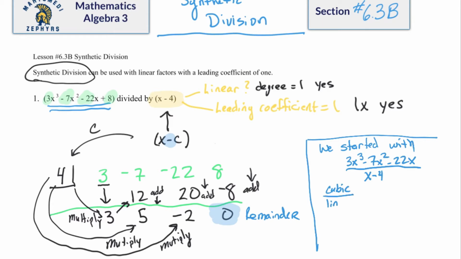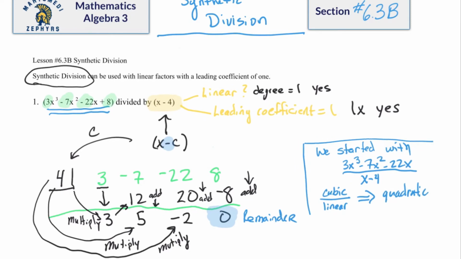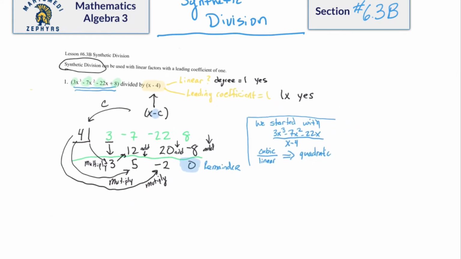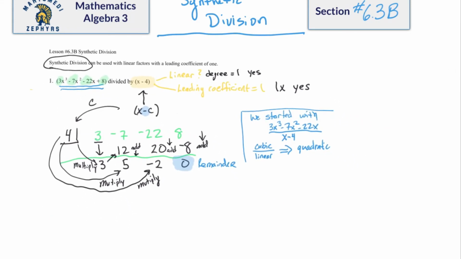So if we divide a cubic by a linear, a cube by a first power, you're going to end up with a squared term left, or a quadratic. So when I do my synthetic division, these numbers that I get, the 3, 5, negative 2, 0, are going to make a quadratic for an answer.